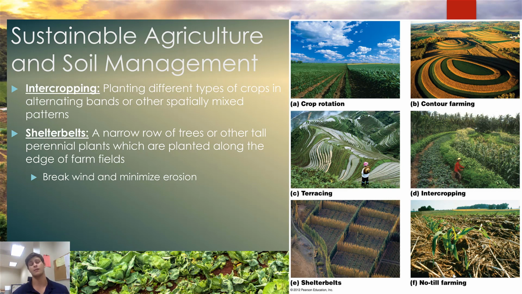Now finally, a great sustainable farming practice is that of intercropping. And intercropping is where we plant multiple different types or species of crops in alternating bands all around our farm. What this does is it increases biodiversity and it increases the productivity of that ecosystem. Basically, if you only have one crop in a given farmland, what you're doing is you're only utilizing certain ecological processes.